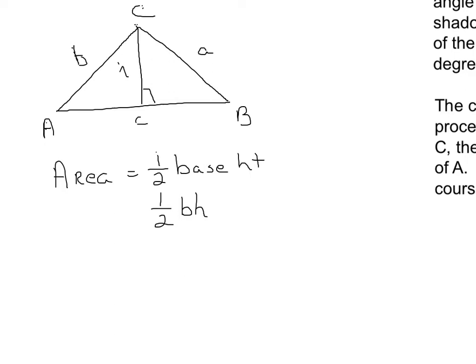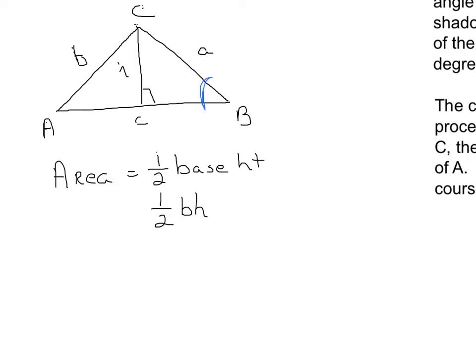Now let's see if we can come up with a formula that will allow us to find the area of this triangle. So if the area is half the base times the height, in this case, our base will be C. And let's look at a couple of different ways that we can figure out what h is.